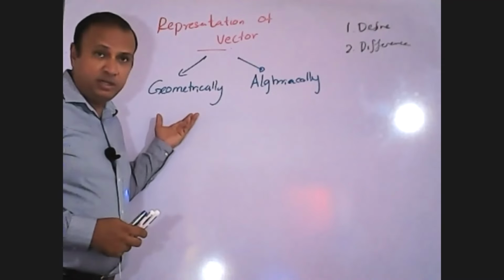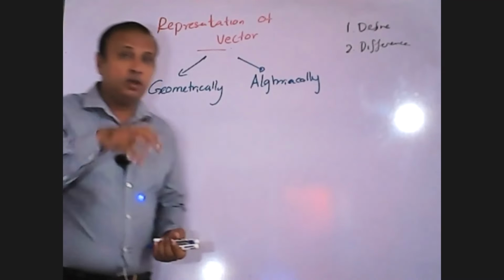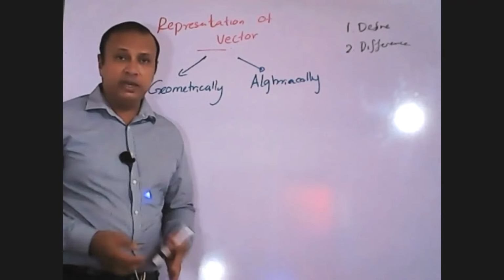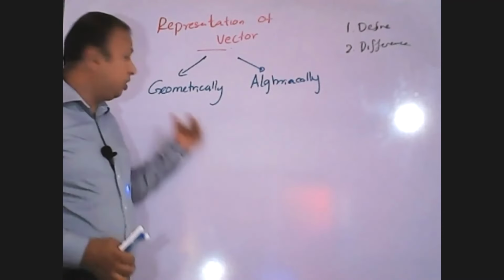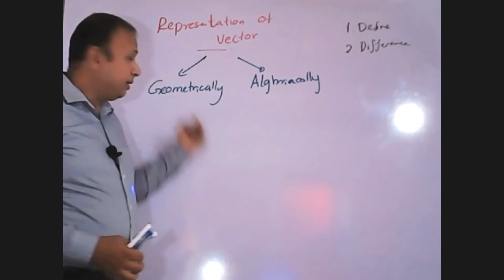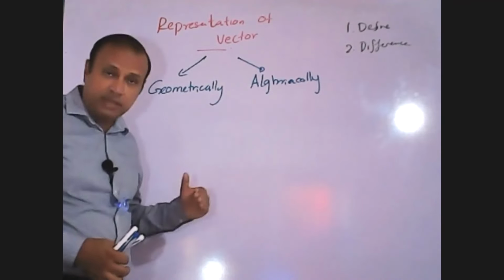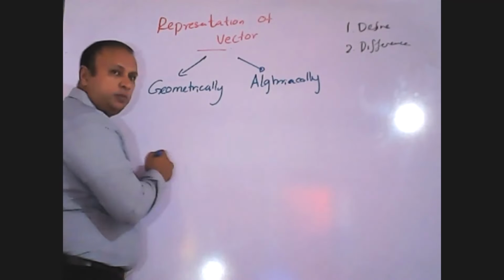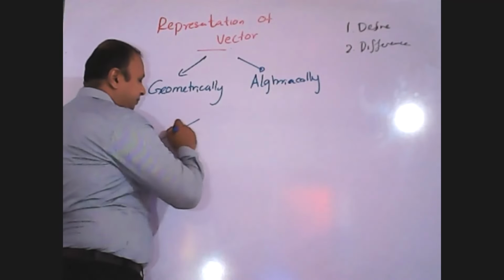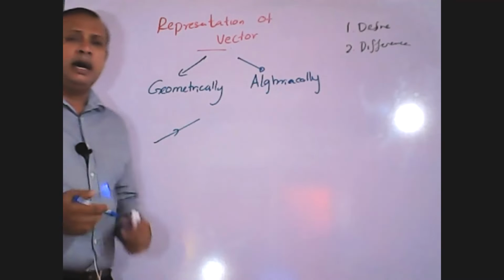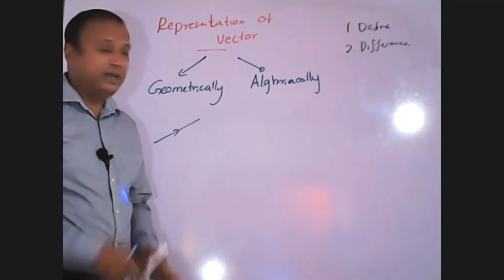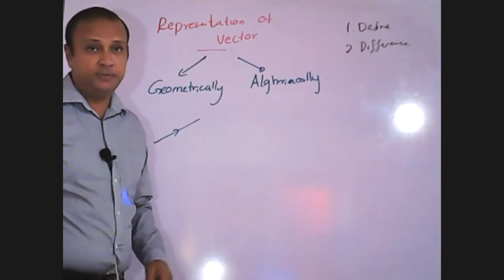Geometrical representation is representation of a vector as a figure. That means using a figure we can represent a vector. Maybe you already know that one. That is called geometrical representation.